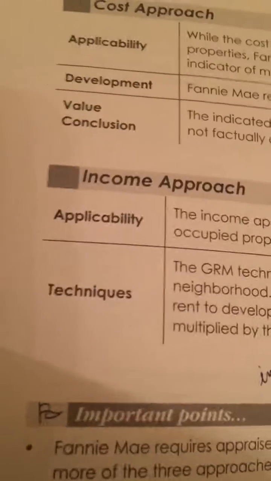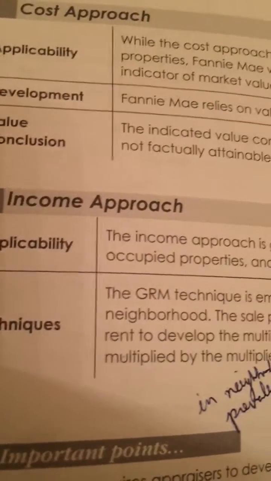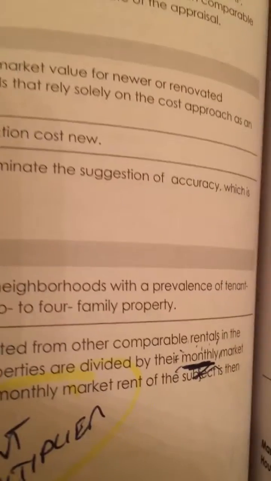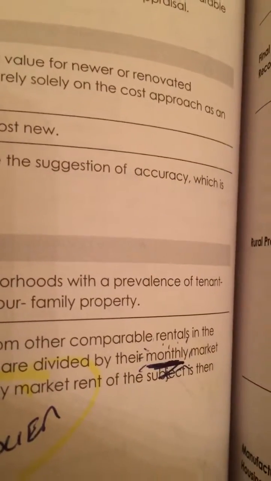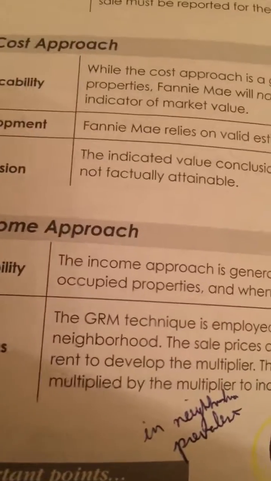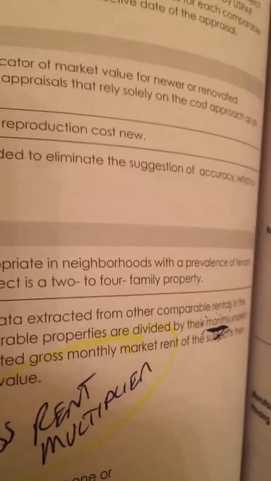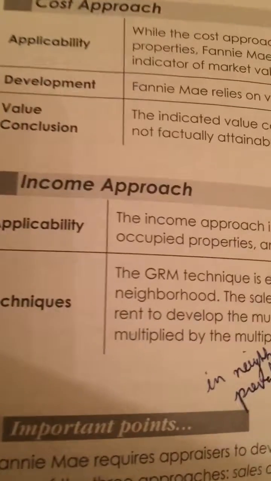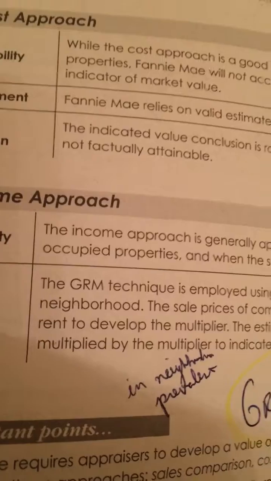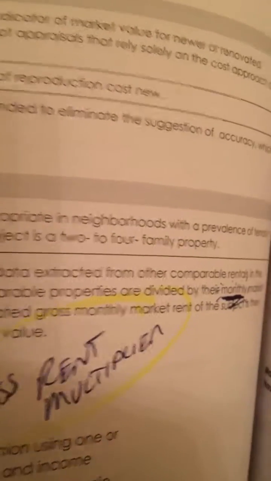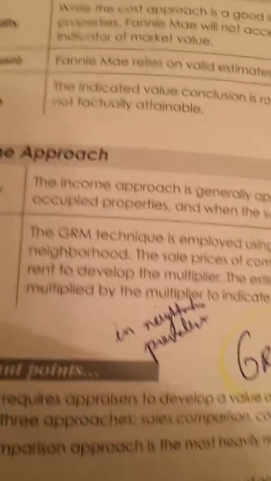Income approach. Applicability. The income approach is generally appropriate in neighborhoods with a prevalence of tenant-occupied properties, and when the subject is a 2 to 4 family property. Techniques. The gross rent multiplier technique is employed using data extracted from other comparable rentals in the neighborhood.